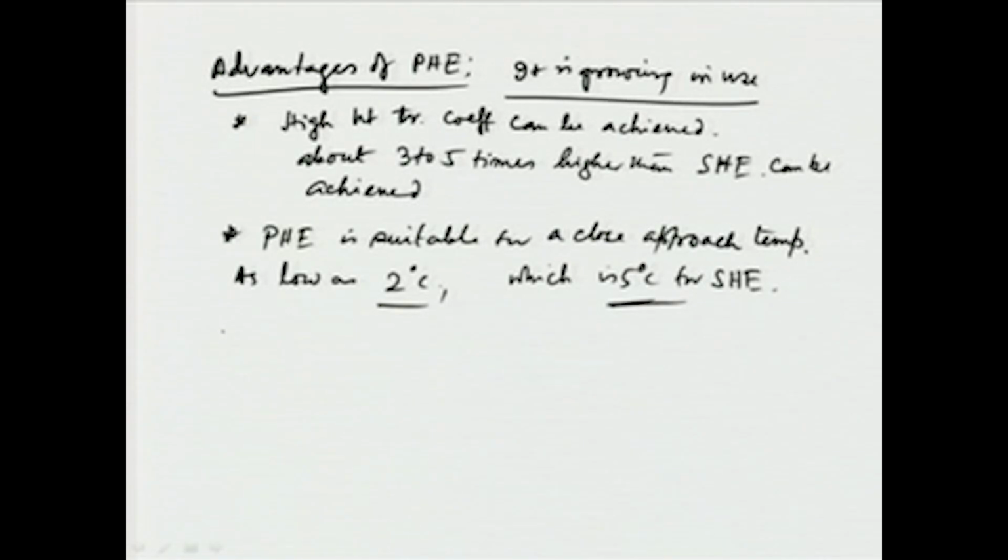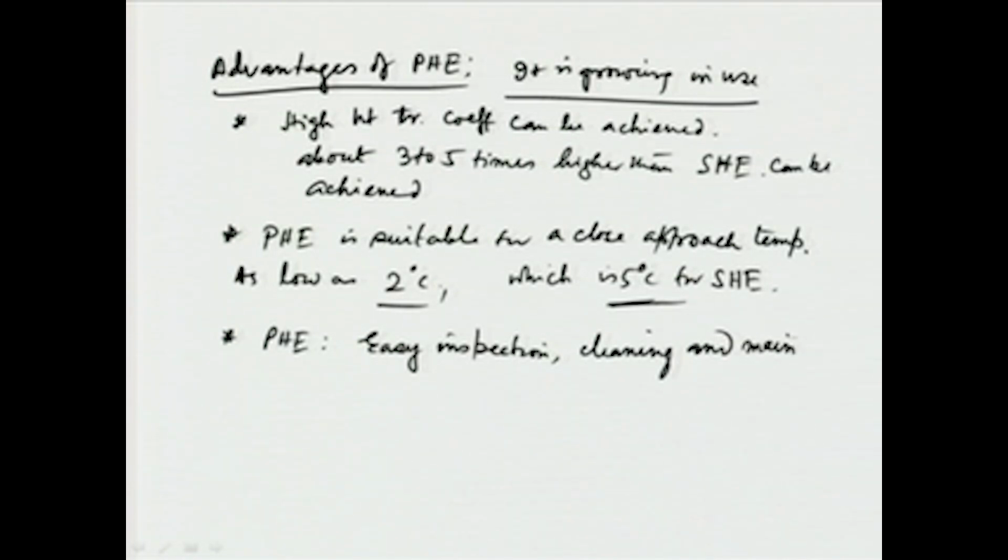And then, in the plate heat exchanger, as we have seen, simple plates are placed over there. So in a plate type heat exchanger, easy inspection, cleaning and maintenance are possible.